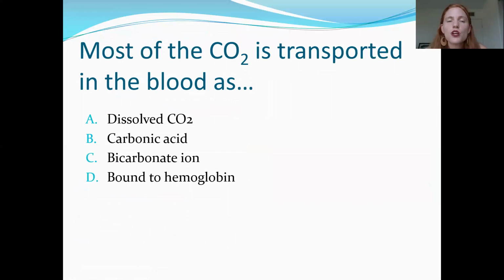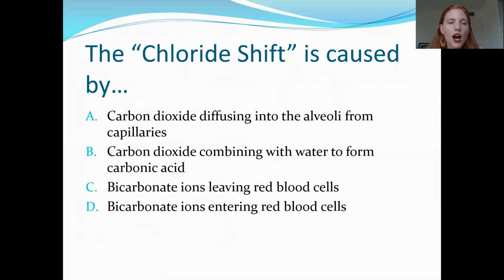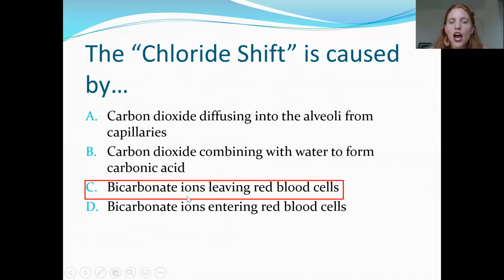Okay, so most of the carbon dioxide is transported as bicarbonate ion, about 70%. The chloride shift is caused by, okay, so it has to do with the bicarbonate ions leaving. If you lose a negative, you have to gain a negative.